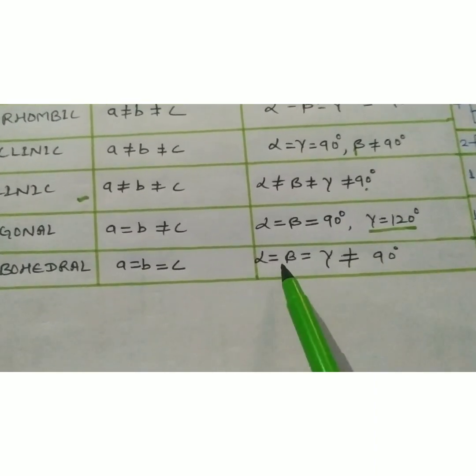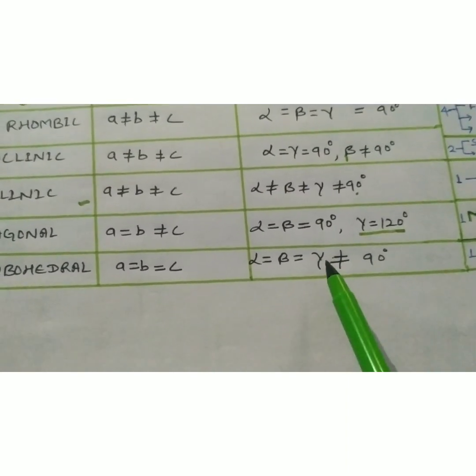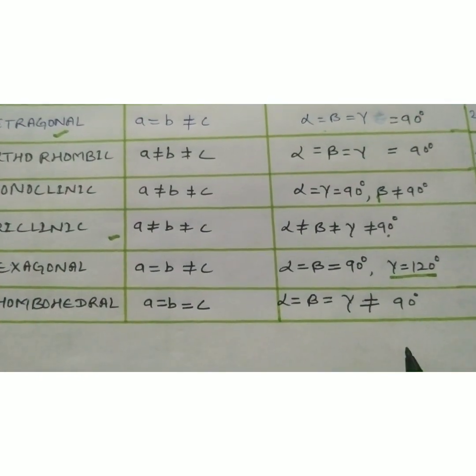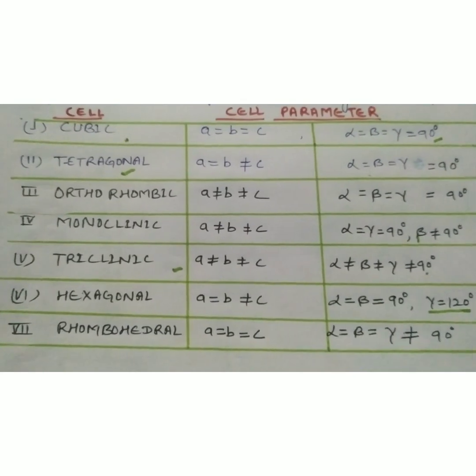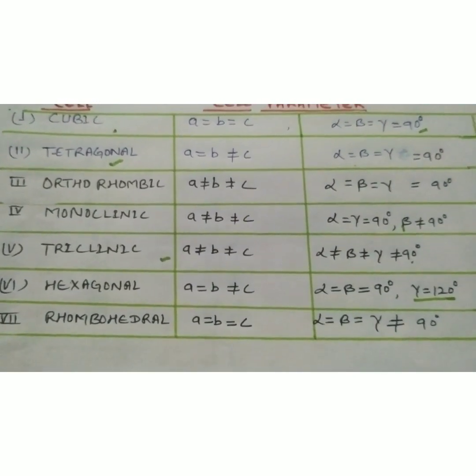Either this angle will be greater than 90 degree or lower than 90 degree. Clear? So these are the 7 parameters which identify the 7 types of unit cell.